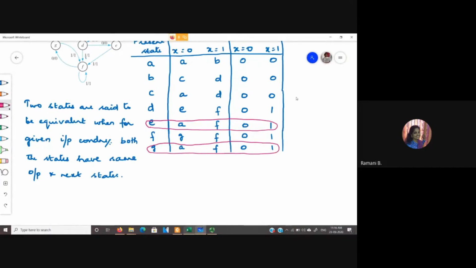For x equal to 0, both states have the same next state, and for x equal to 1, similarly both have the same next state. The output is also the same for each case.